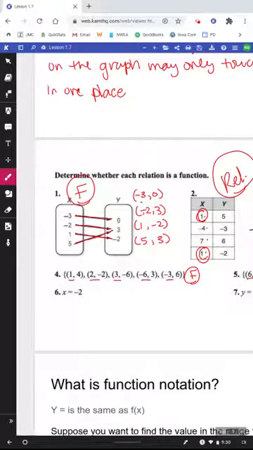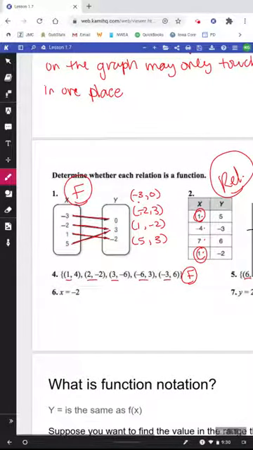All right, the next thing we have here is just x equals a number. So we have to take some notes about vertical and horizontal lines. So for a vertical line, the equation is always x equals a number. There's no y.